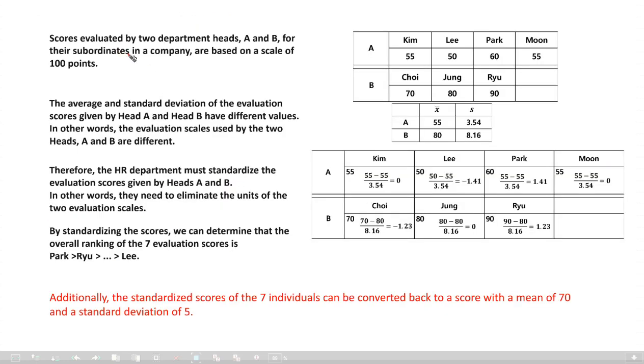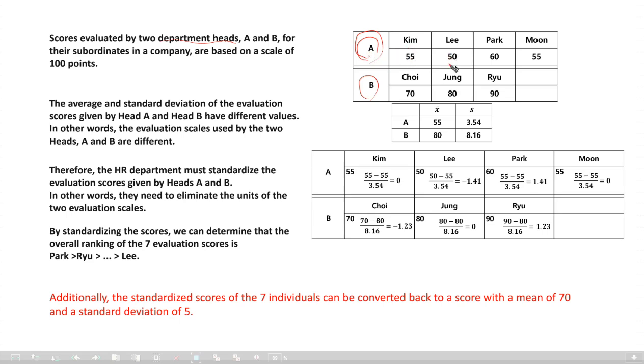All right, let's see an example. This is a company's evaluation. Department heads A and B score their staff on a scale of 100 points. Head A gave a score of 55 out of 100 to Kim.